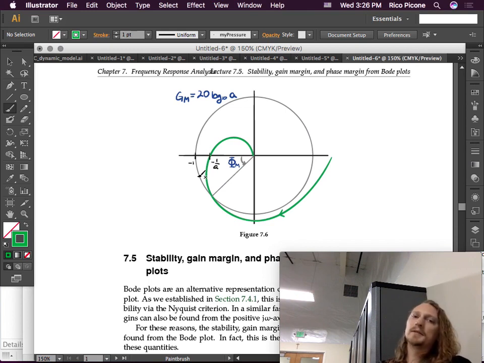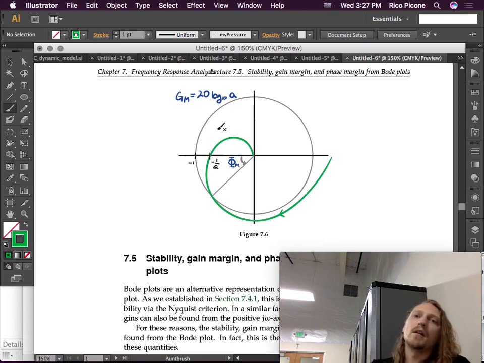So the larger the gain margin, the larger a, right? The smaller this intercept is, the more cushion we have for stability purposes, assuming it's one of these systems that behaves in this way, which I have claimed is common. So that's the definition of the gain margin: how much you can increase the gain before going unstable.